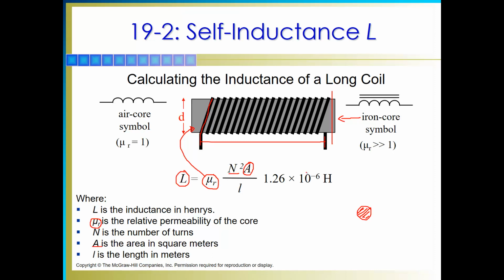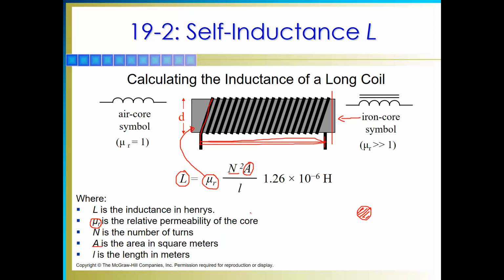So if we need to find out what is the inductance that we can get out of a device like this, we need to know the permeability of the material from which this is being built, the number of turns this wire was wrapped around the core, the area of each turn, the circle, how big the turns are, and the length of the inductor, this length right here.